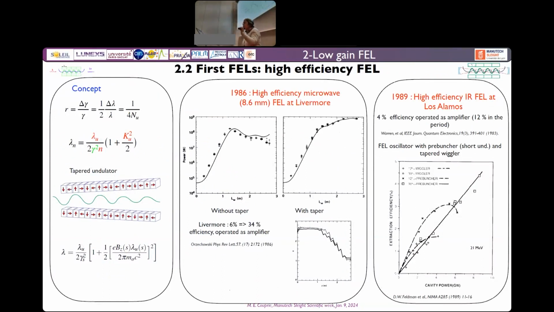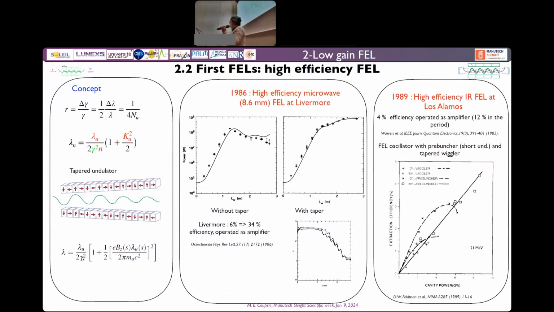Then if we want to go to high efficiency FEL, actually the gain bandwidth is given by the spontaneous emission bandwidth, so 1 over harmonic number and undulator period. So the efficiency is half of it.